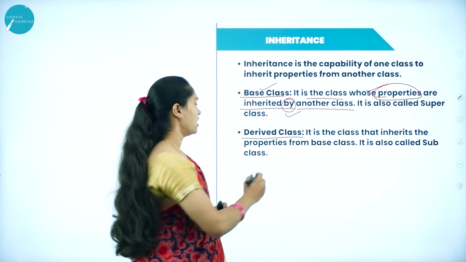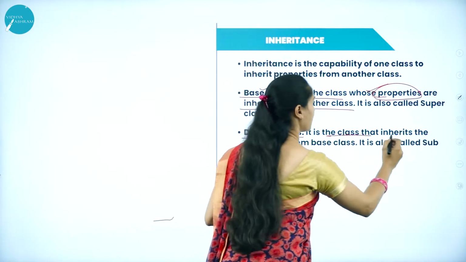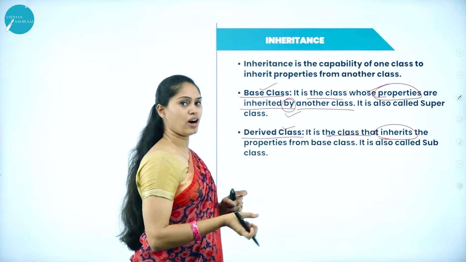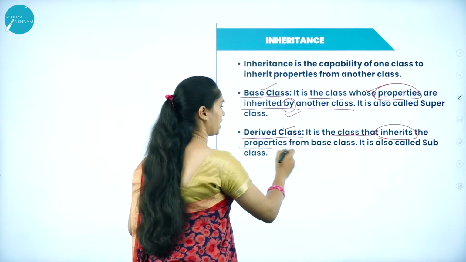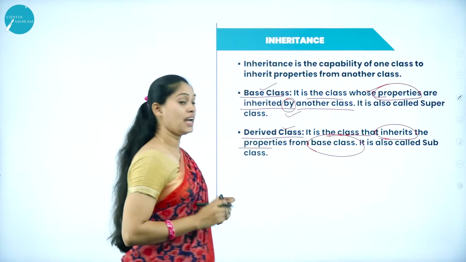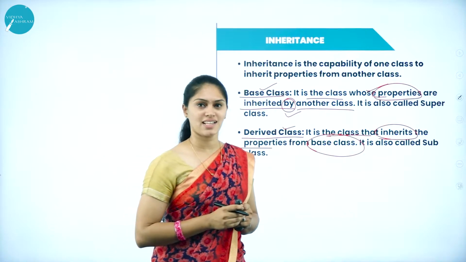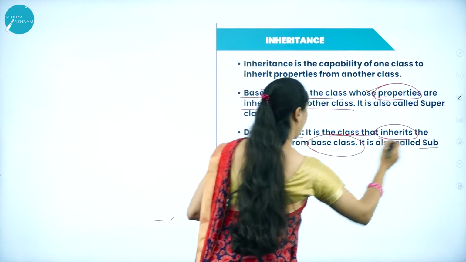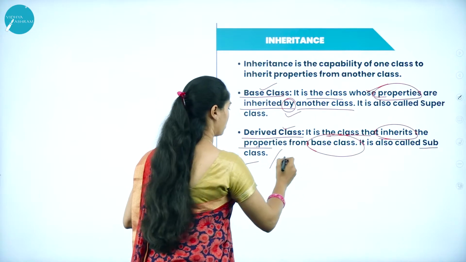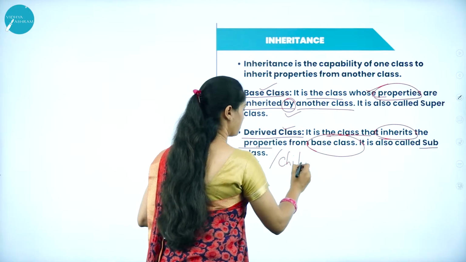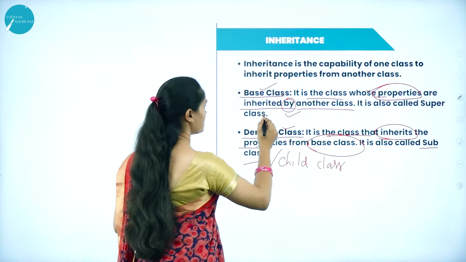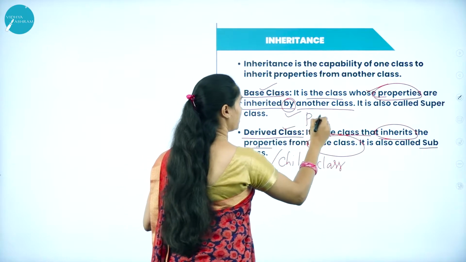A derived class is a class that inherits. It is going to inherit or acquire the properties from the base class or an existing class. I can also call this derived class a child class, and I can call the base class a parent class.